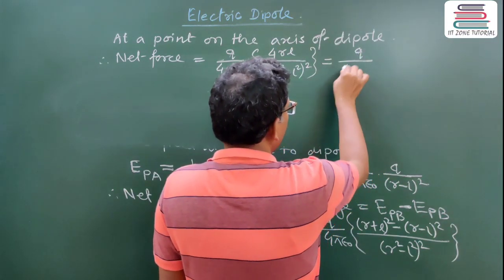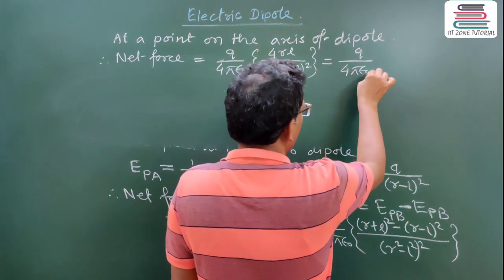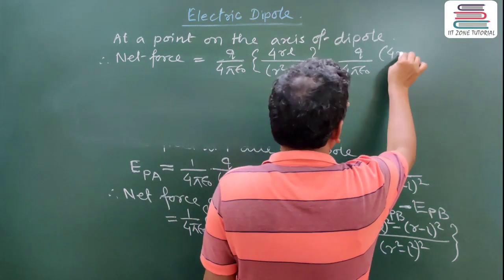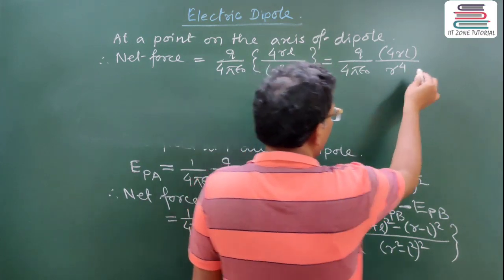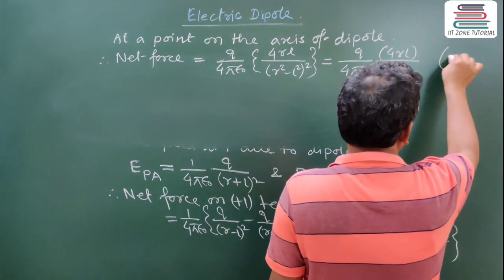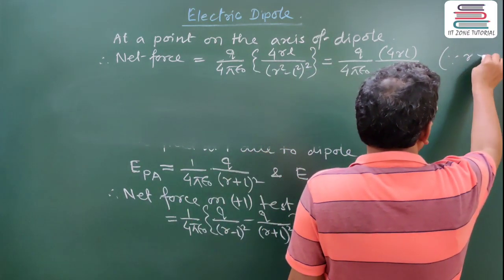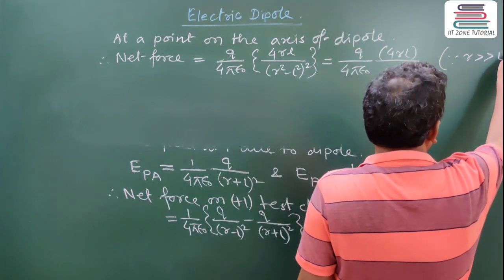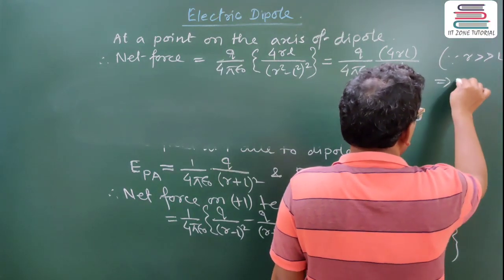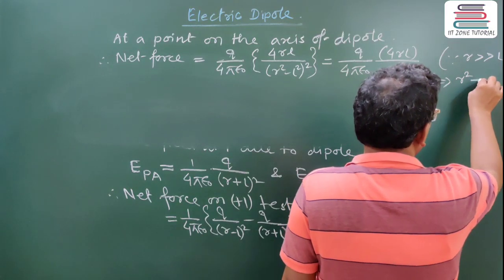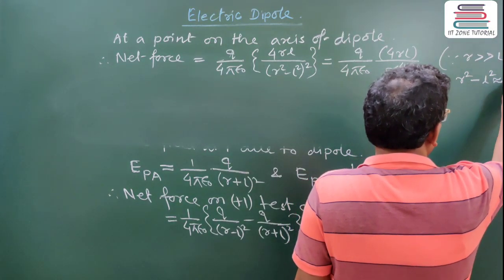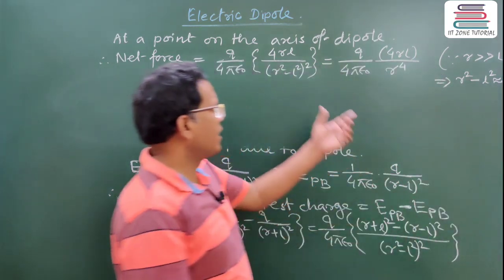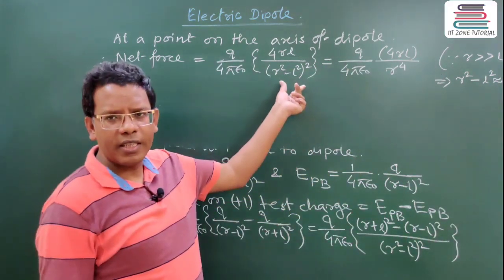which can further be written as Q by 4 pi epsilon naught into 4RL divided by R to the power 4. How can we write R to the power 4? Since R is much greater than L, R square minus L square is equivalent to R square only, and it has the whole square of that expression.